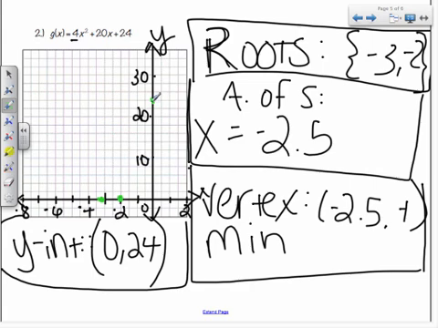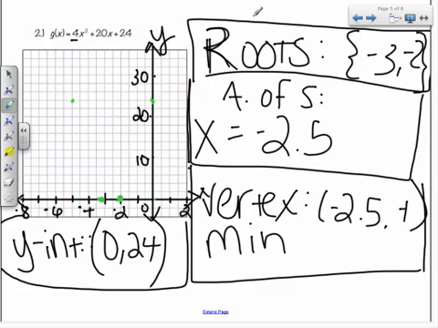I know that from negative 2 to 0, it's 2 away. So right here, I'm going to go 2 away from negative 3, and I'm going to have that match up right here. So this right here is going to be my other point of symmetry that matches with this one right here.